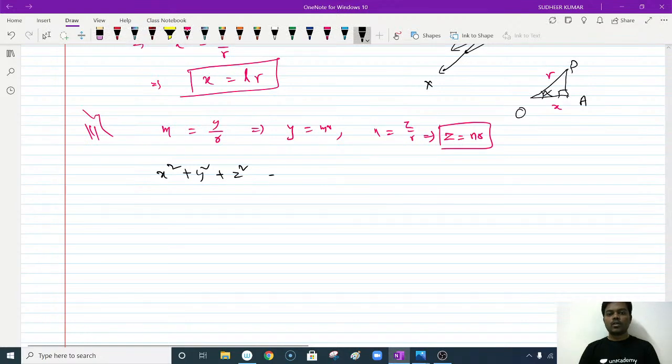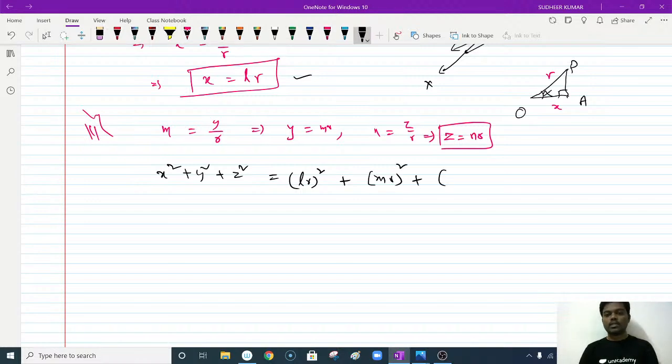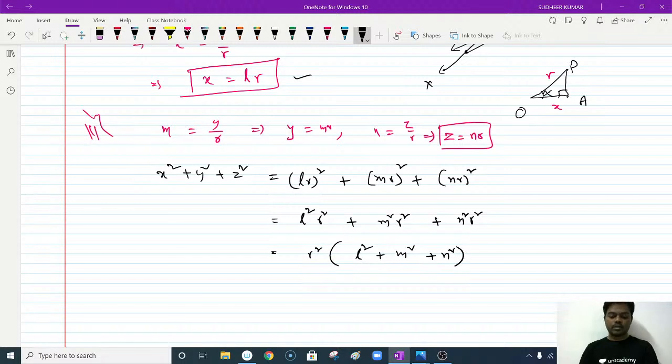We know that x equal to LR, so LR whole square, plus y is MR whole square, plus NR whole square. So this can be written as L square R square plus M square R square plus N square R square. Let us take R square common. So this is R square times L square plus M square plus N square.